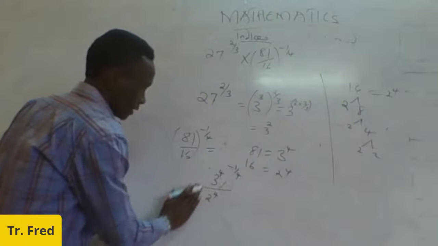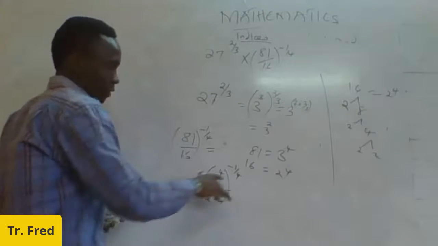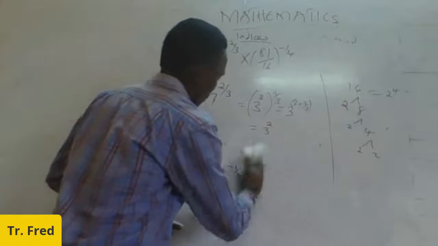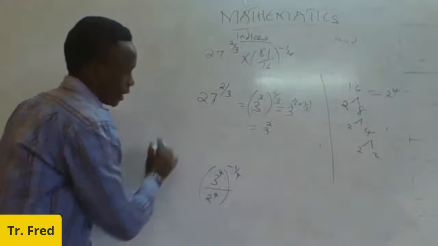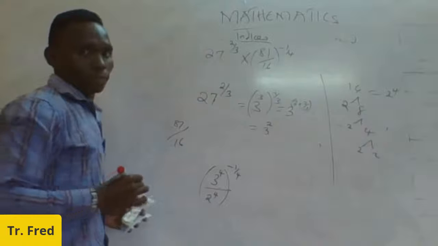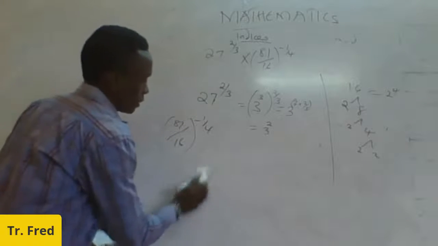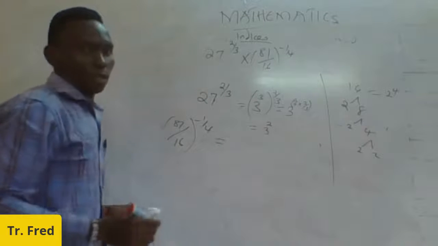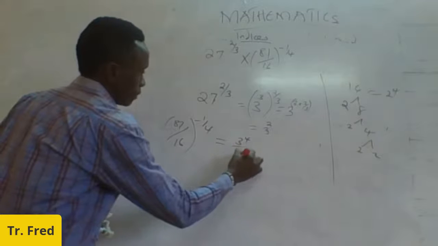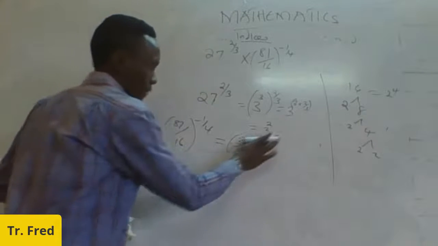The bracket covers each part of it. Now the next step: we have said that 81 out of 16 power negative a quarter can be written as 3 power 4 out of 2 power 4, in brackets, power negative a quarter.